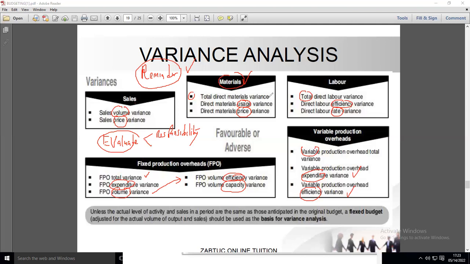So is it not production which uses materials? What of price? It can be affected by price. So we have to find out.